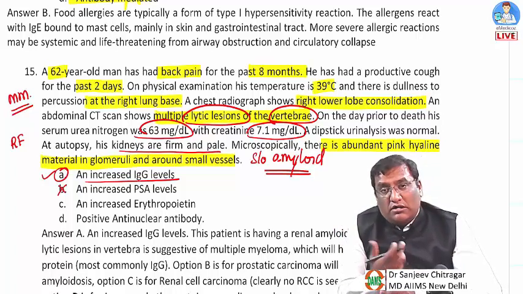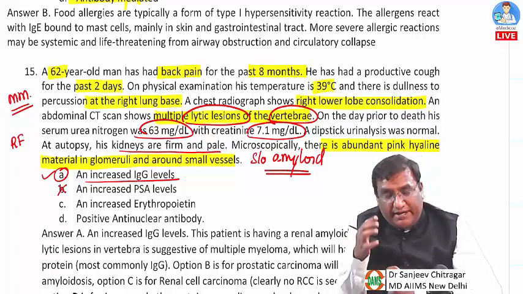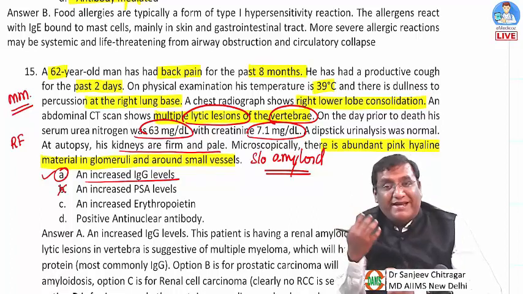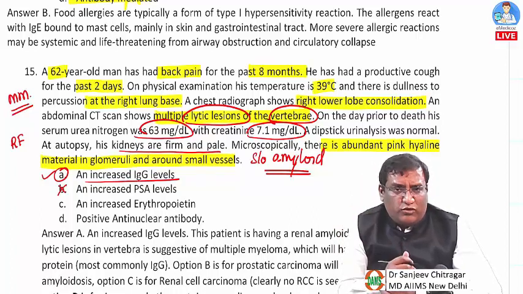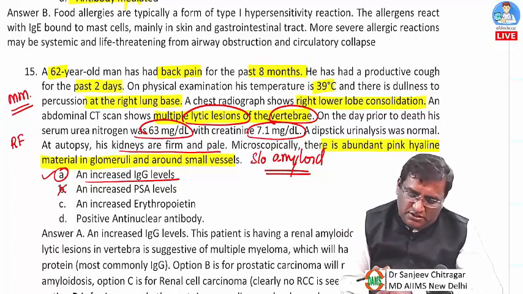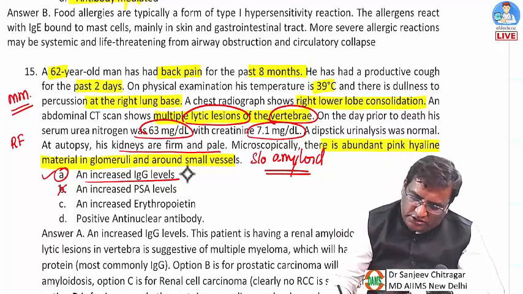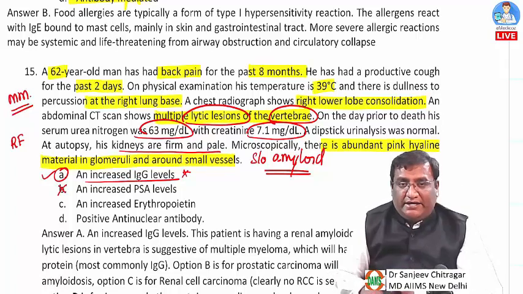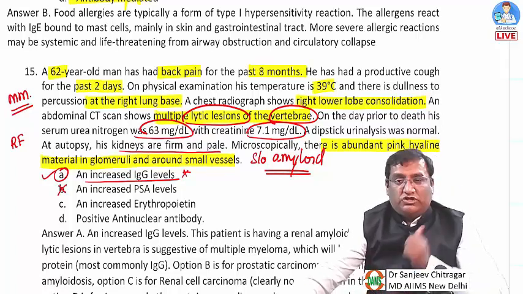Increased erythropoietin is not the answer, because polycythemia has nothing to do with bone. Positive anti-nuclear antibody will be lupus, right? So the answer is option A here. Option A is the correct answer that will be seen in this patient.